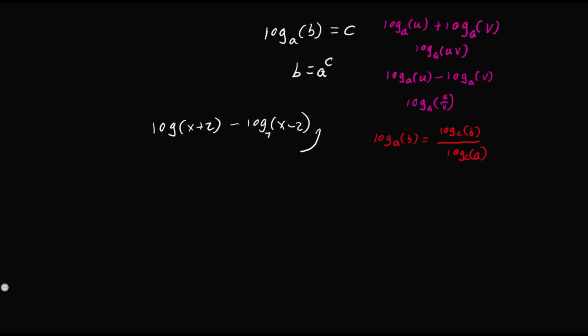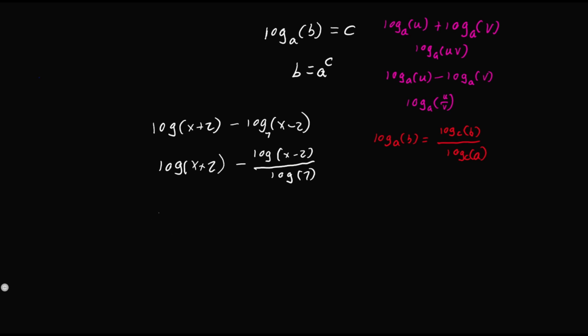So in this example, we're going to change the base for 7, where we will get log of x plus 2 minus log of x minus 2, and we're going to change the base to be 10, so we'll just leave it empty, over log of 7. And our final step is to multiply by log of 7 in order to have the same denominator.